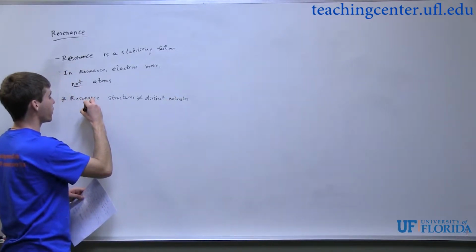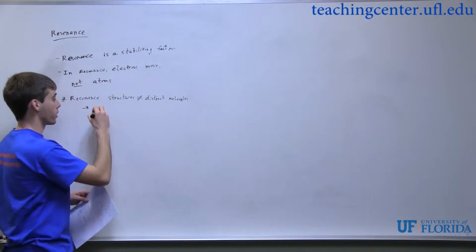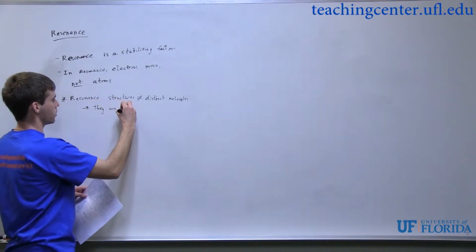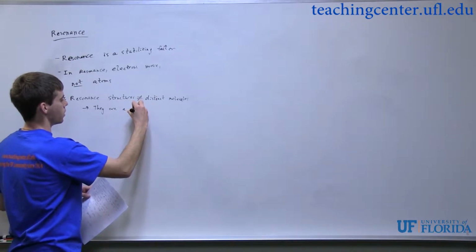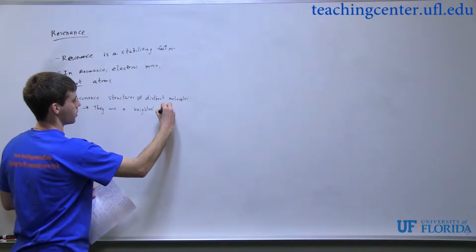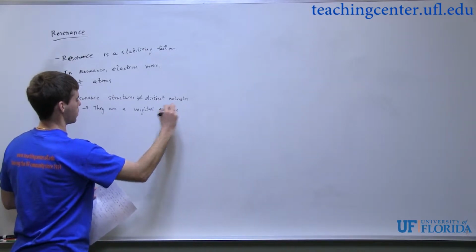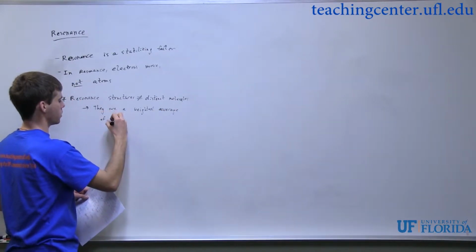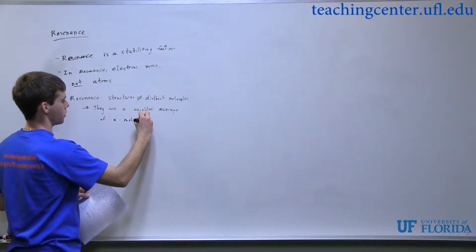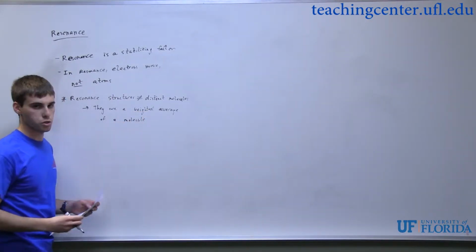They're a weighted average of a given molecule. You could say weighted, or I guess just an average. And when we get into examples, this will be a lot more clear.